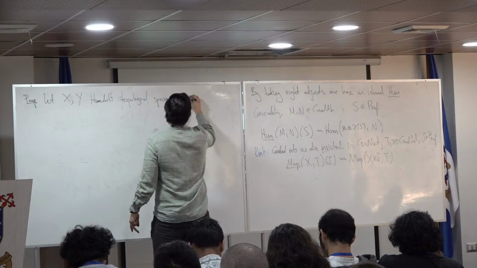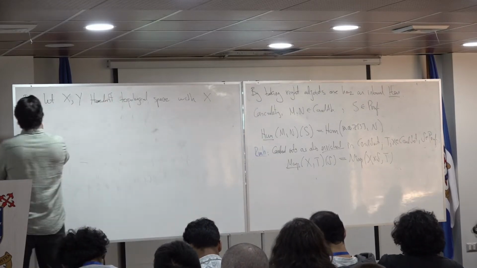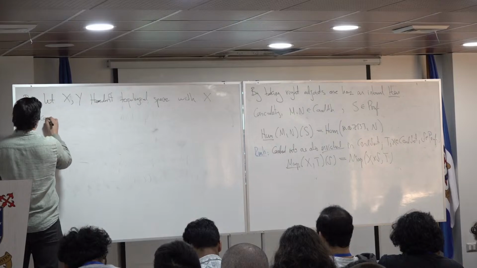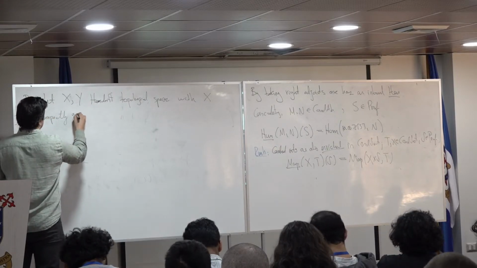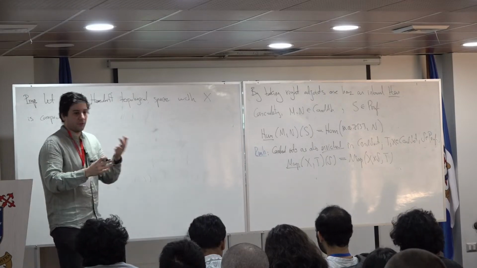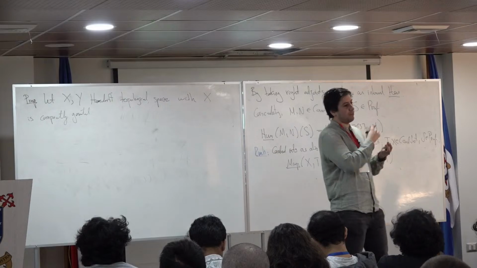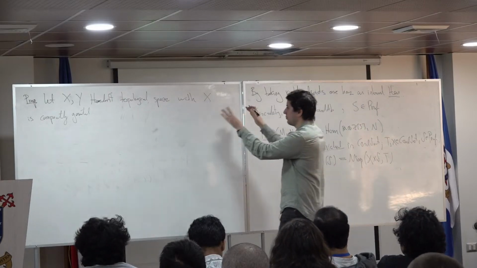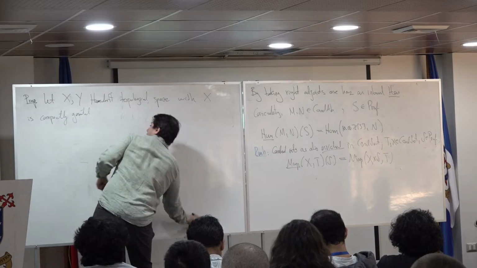And let me assume that X is compactly generated, as we saw yesterday. Just its topology is completely determined by maps from compact Hausdorff spaces or from profinite sets. Again, maybe you want to put the word light everywhere, but sorry, this is awful.